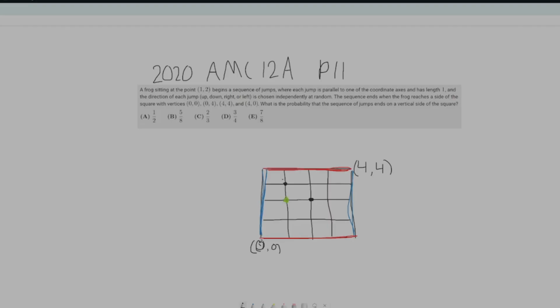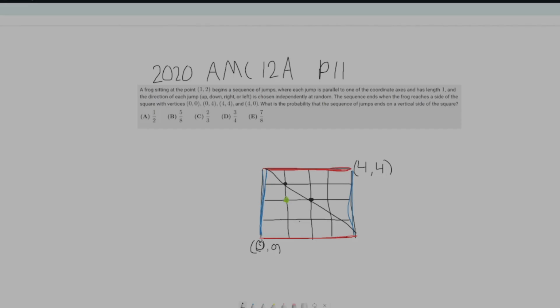Okay. And I'm just trying to see where it's most symmetrical. So over here, we have this line of symmetry. So the probability of getting to either one of these sides is just 1/2 because it's symmetrical. So they're both equally likely. And same with this one, it has a line of symmetry here and here.